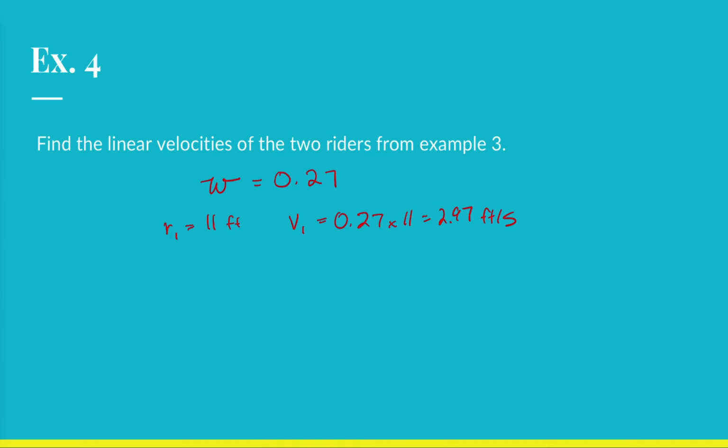The second rider is at a radius of 20 feet, so her linear velocity is 0.27 times 20, which is 5.4 feet per second. So the angular velocities are the same, but the linear velocities are dependent on the radii.